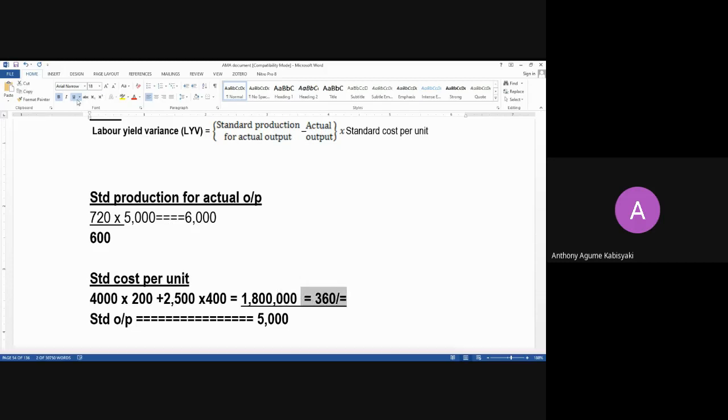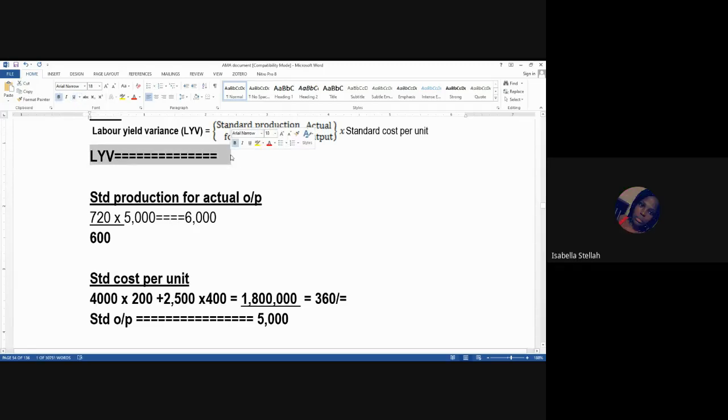Okay, so having got my standard production for actual output and then the standard cost per unit, I'll come here, my labor yield: standard production for actual output, I have 6,000 units.